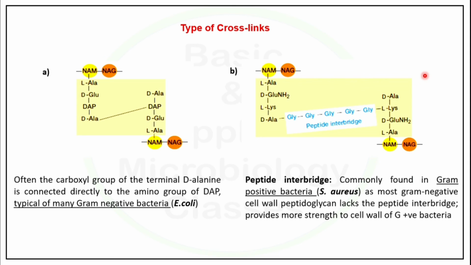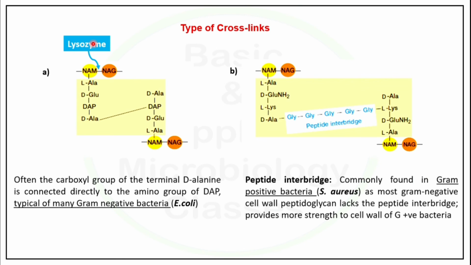Now you see this cross-linking is very important to the bacterial cell. Without it, the peptidoglycan layer will not be intact and the wall will not be strengthened. So there are some antibacterial agents which specifically target cross-link disruption. We all know about lysozyme, which is well known for its antibacterial properties.